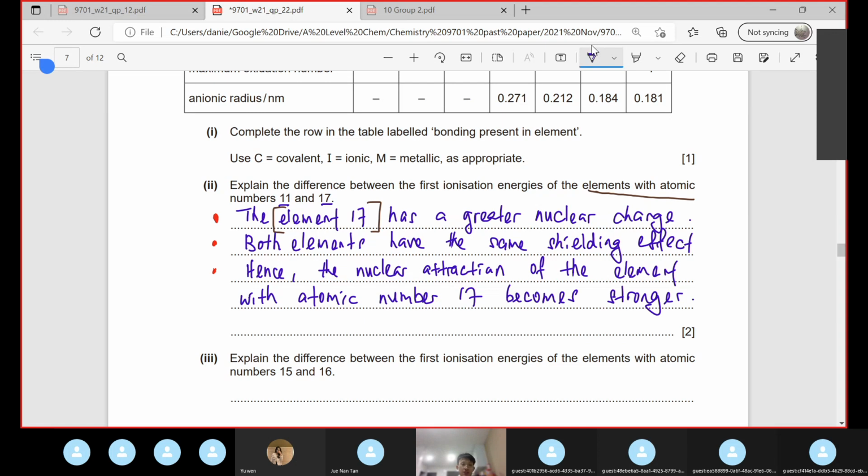So this goes to the third point. So 3 points, 2 marks; 2 points, 1 mark; only 1 point, no marks.